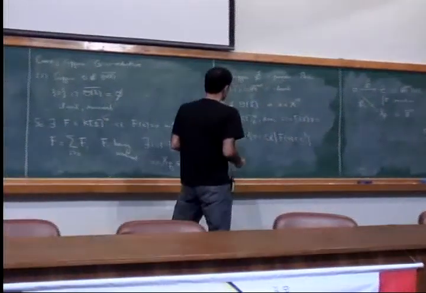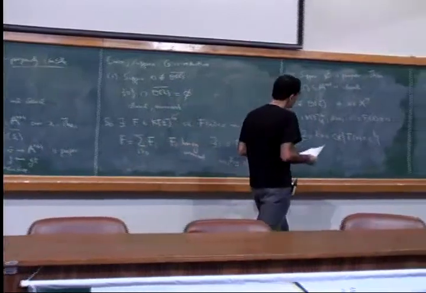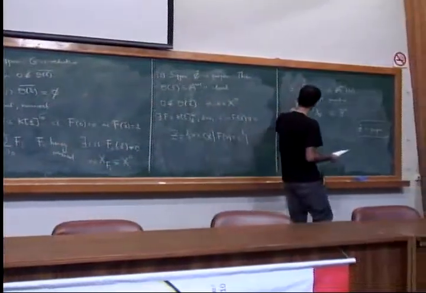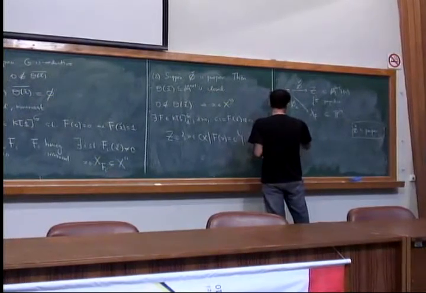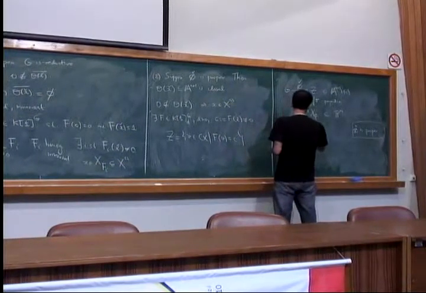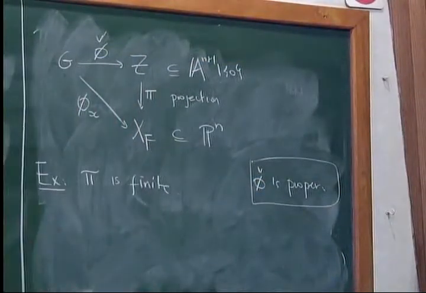So now what you want to conclude is something about this map here. And a little exercise, if you haven't done that before, this map is finite. Which is kind of easy to see that at least it has finite fibers, but it's actually a finite map. Right?